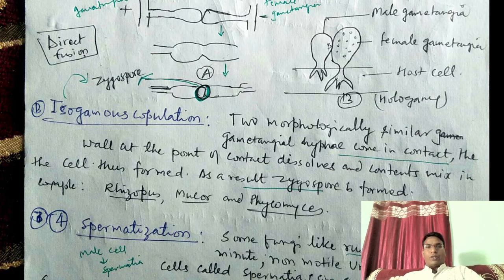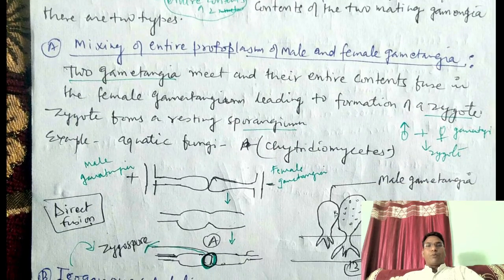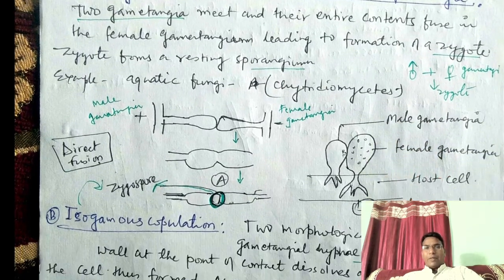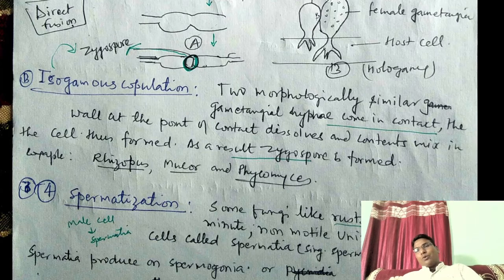Now, isogamous copulation. The first type is mixing of the entire protoplasm of male and female gametangia, and the second type is isogamous copulation. Here, two morphologically similar gametangial hyphae come in contact. The wall at the point of contact is dissolved and the contents mix.